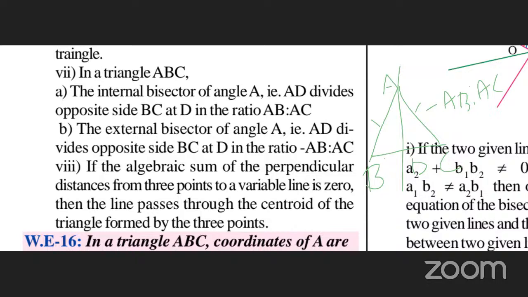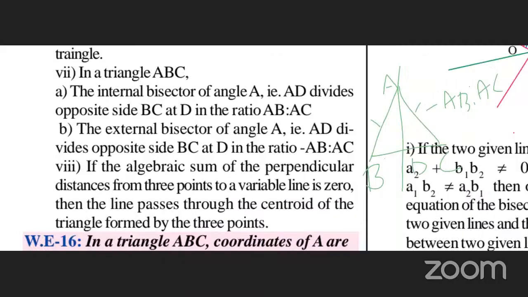So the external bisector of the angle at A, that means if the angle is bisected externally, it divides the line BC in the ratio minus AB by AC, in the opposite direction.